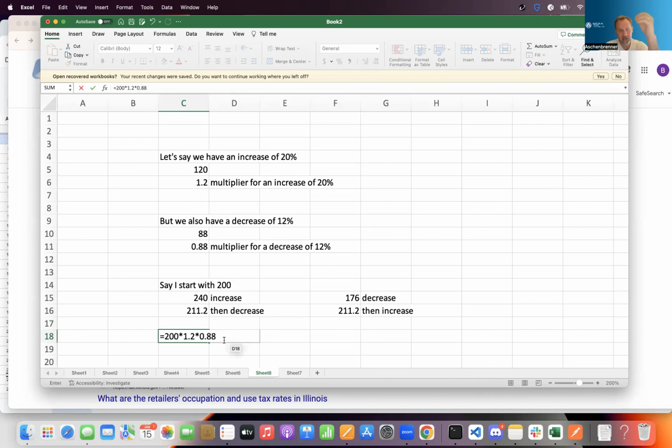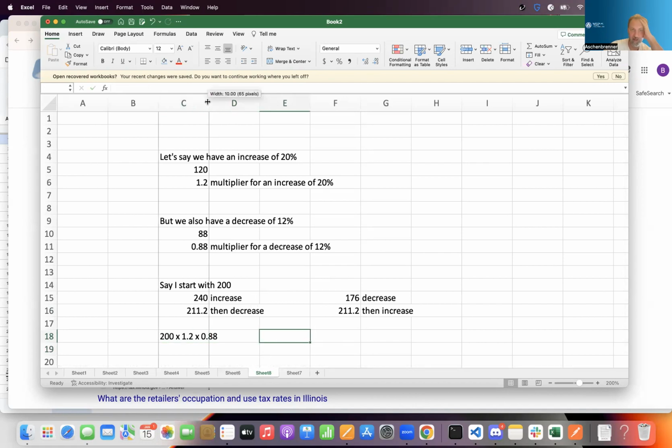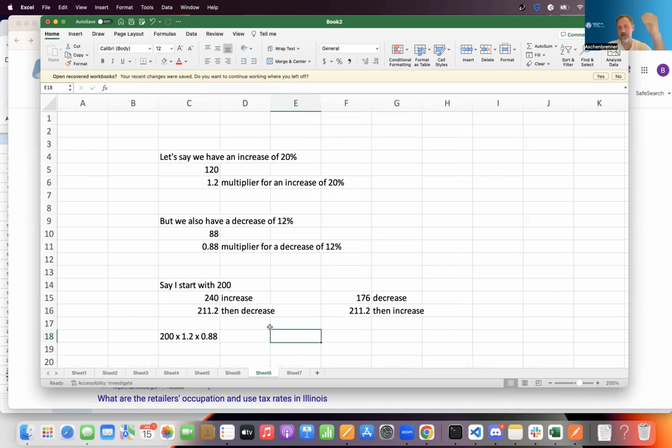And in writing it like this, maybe I can see why it doesn't matter. I'm going to take off the equal signs just so we can leave it there. 200 times 1.2 times 0.88. So logically, what is a mathematical argument for saying the order doesn't matter? If we increase first or decrease and then increase. When we look at it like this, you should be able to come up with a compelling mathematical argument that sort of justifies, in general, it doesn't matter if we have an increase and a decrease or two increases or two decreases.